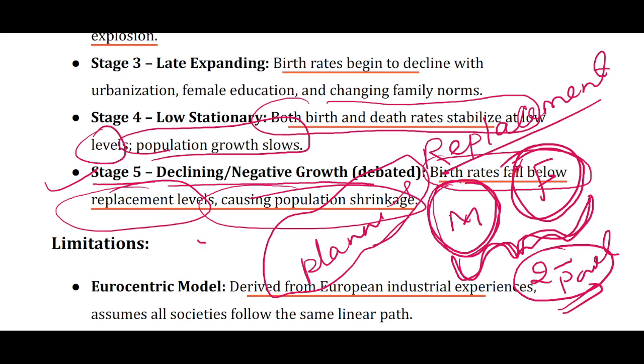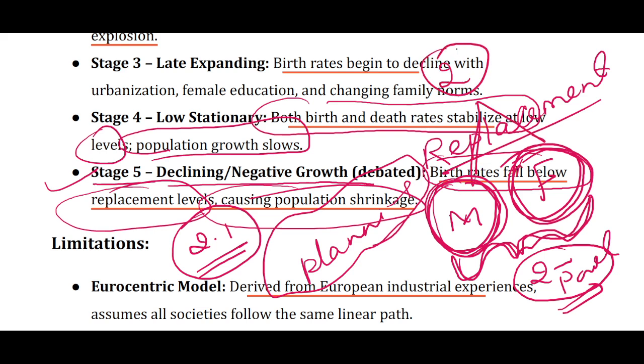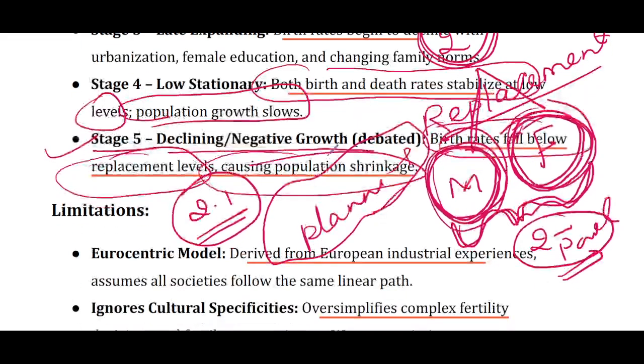So in that sense, 2.1 is usually considered the replacement level. In other words, every family, a couple, should have 2 children. So this is how they are going to replace the population.